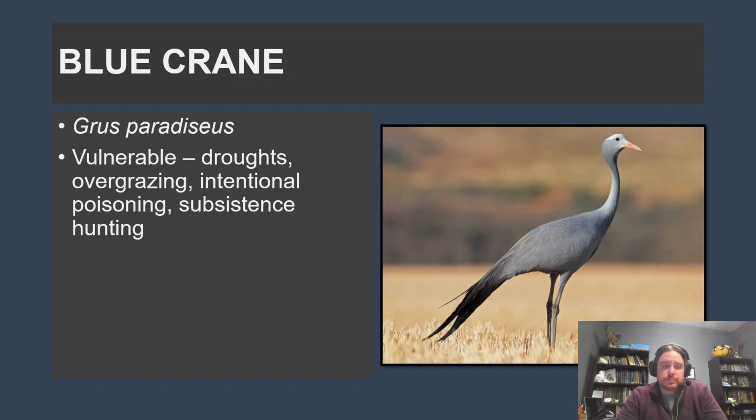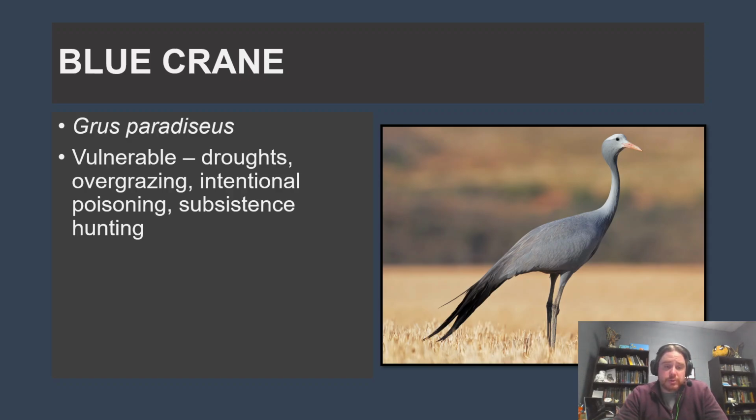The blue crane is such a beautiful, beautiful animal. Grus paradiseus is a vulnerable species. It is vulnerable to droughts, overgrazing. These guys are susceptible to intentional poisoning because they will come into areas where their agricultural production is occurring, and they'll attack crops, and then of course farmers don't like that.